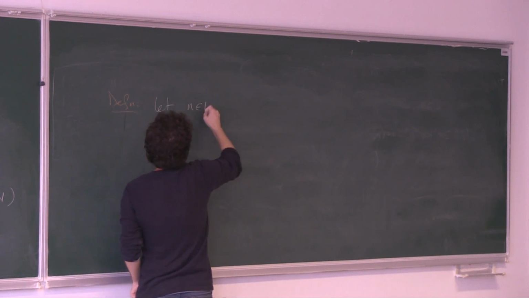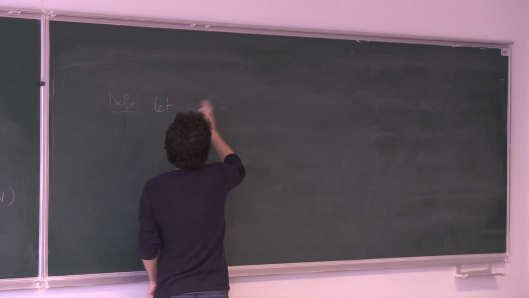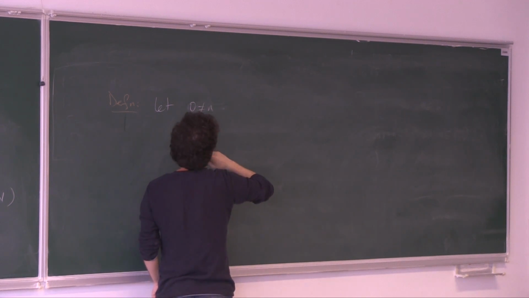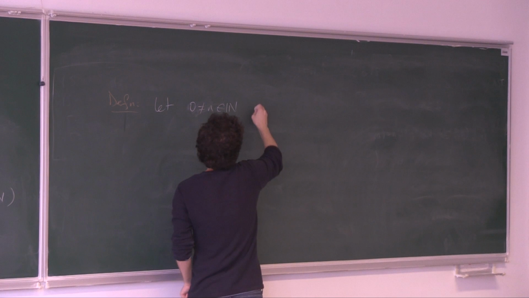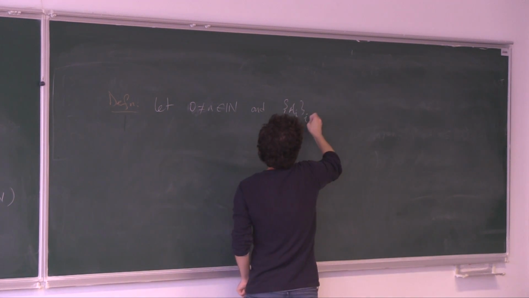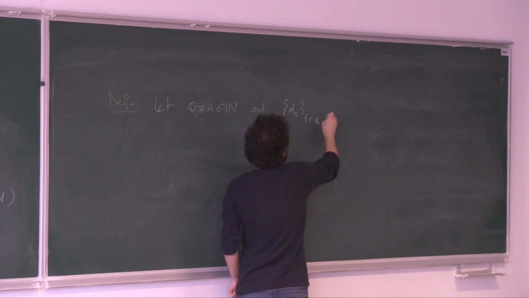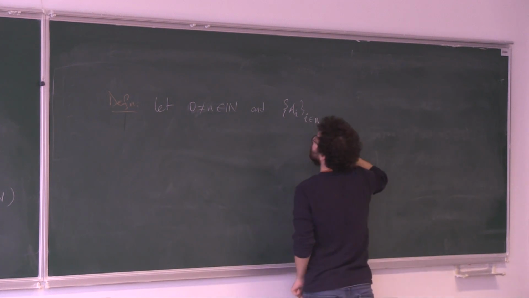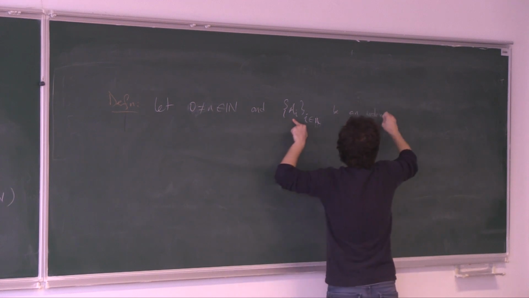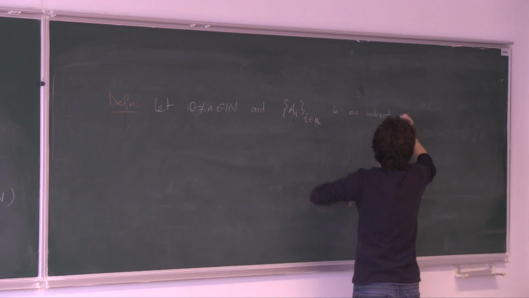Let n be a natural number, and let's make this non-zero to avoid stupidities. And we have n sets. Let this be an index system of sets.